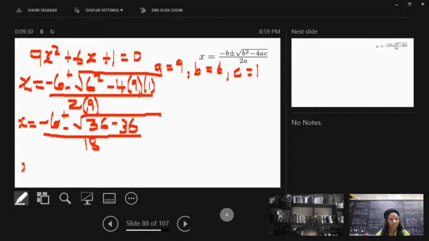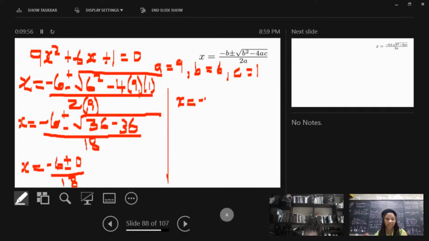So x is negative 6 plus or minus the square root of 0, so that's 0. X is equal to negative 6 plus 0 over 18, so negative 6 over 18.